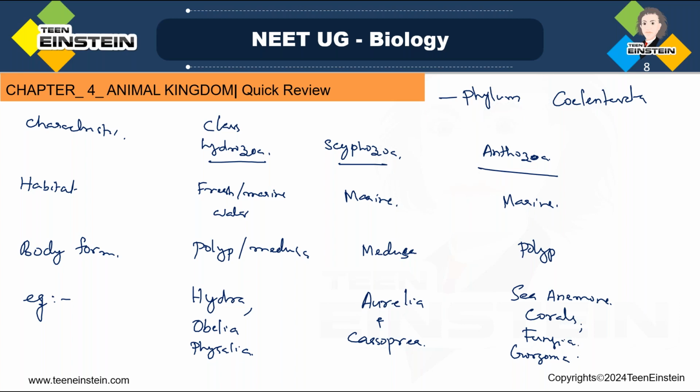All these are the examples. Gorgonia is otherwise called sea fan. Okay, these are the examples for class Anthozoa.